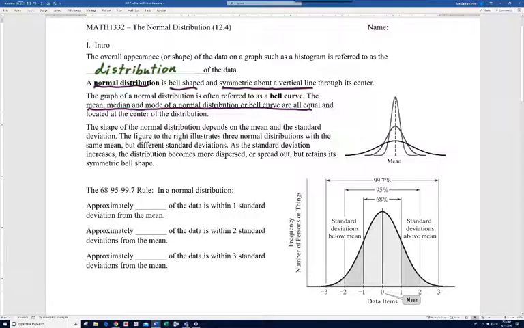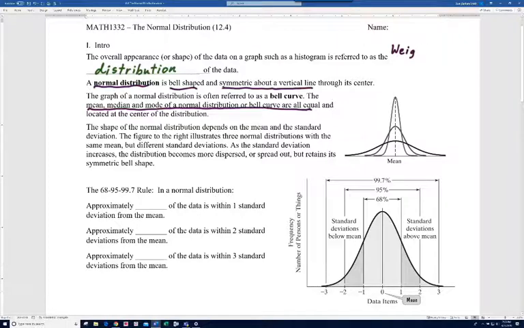And the further away you get from that mean, the less people you're going to see, until you get to the extremes. On the one end, you have somebody that's 7 foot tall, that's an extreme. Same thing on the other end if you have men that are 5 foot or less in height. So that's the basic idea.